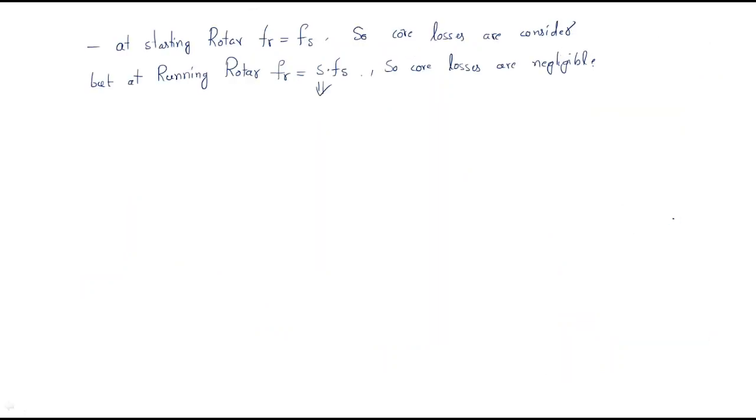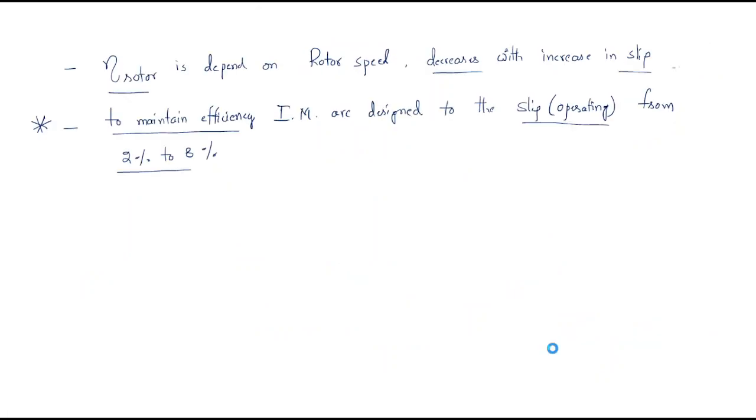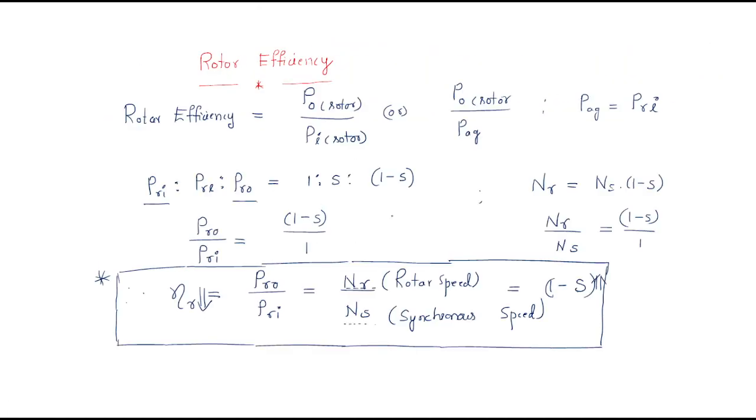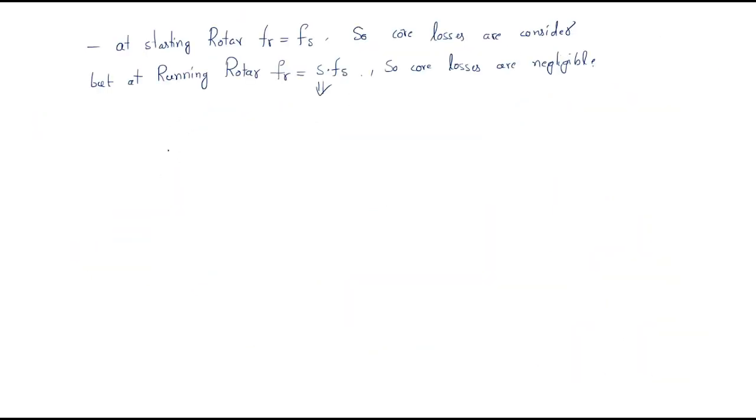We have this loss also. So this is the distribution of the power. Starting from the input power, the power is converted and finally reaches the mechanical power. So this is about the rotor efficiency and the overall induction motor efficiency.